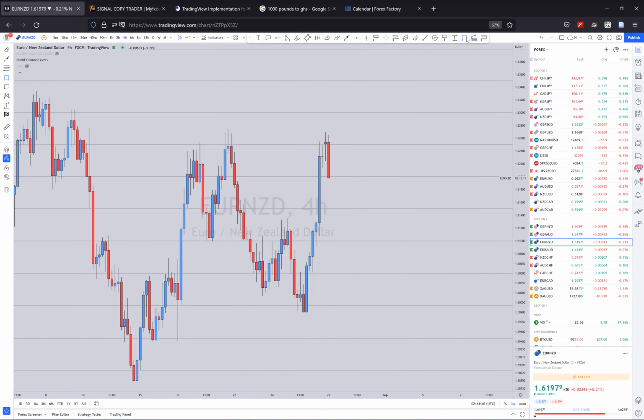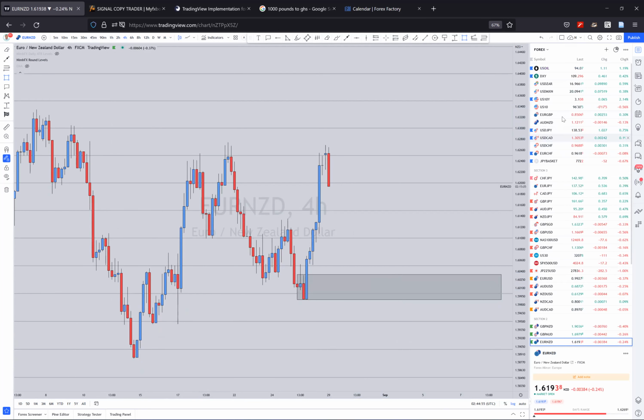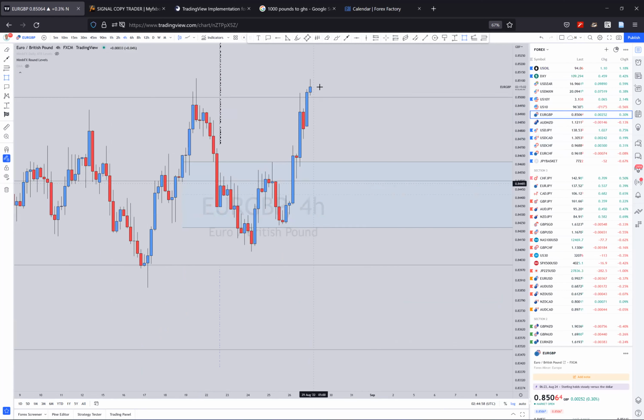EN could come all the way here to this liquidity here. Yep, that is possible because we are looking at a weak euro. If this drops, that will be a weak euro.